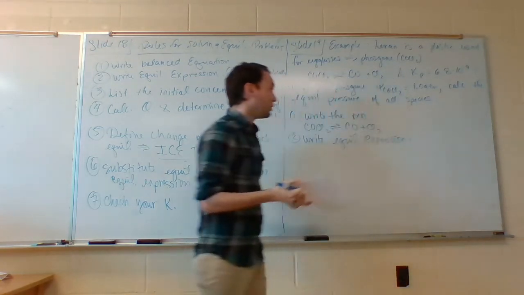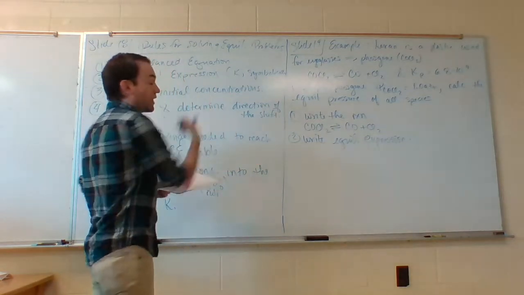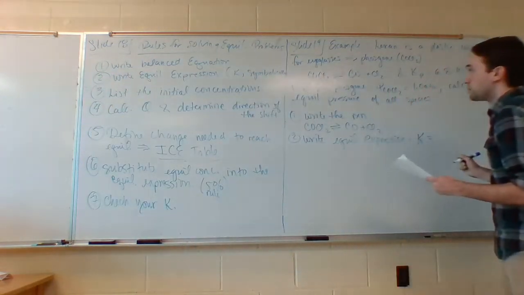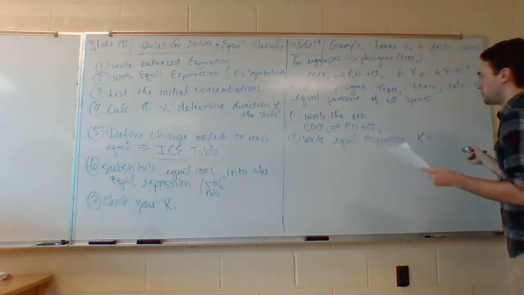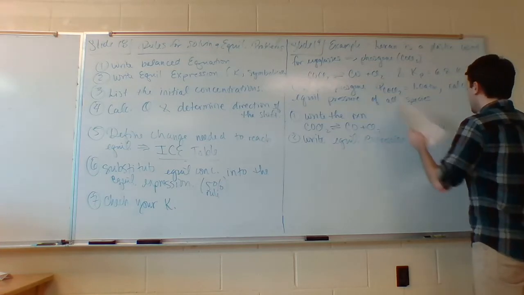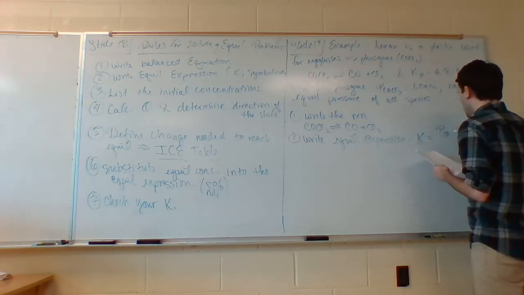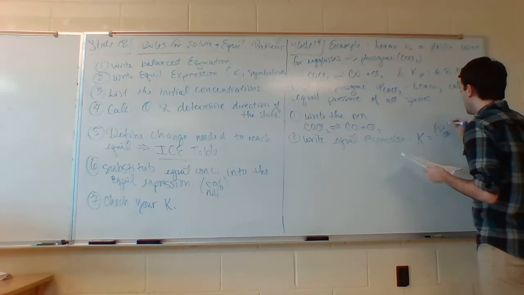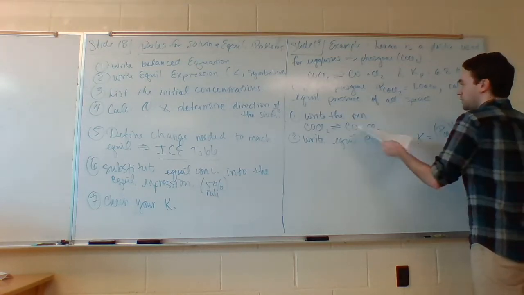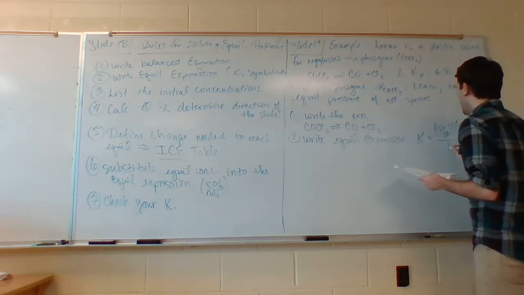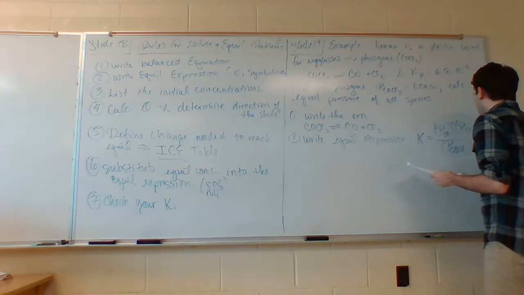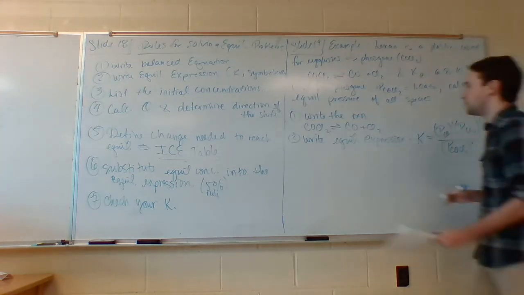Okay, now your equilibrium expression, as I said before, that's going to be your symbolic K. All right, so we have K, and that's equal to, since we're dealing with partial pressures, it's probably a good idea to write K as partial pressure, so we have P of CO, right? That's one of our products, raised to the first. We have the partial pressure of Cl2 raised to the first because that's a stoichiometric coefficient. And then we have our partial pressure of COCl2 also raised to the first. Okay, so that's our equilibrium expression.